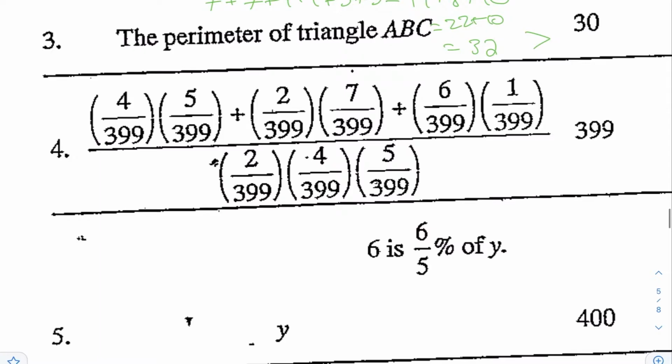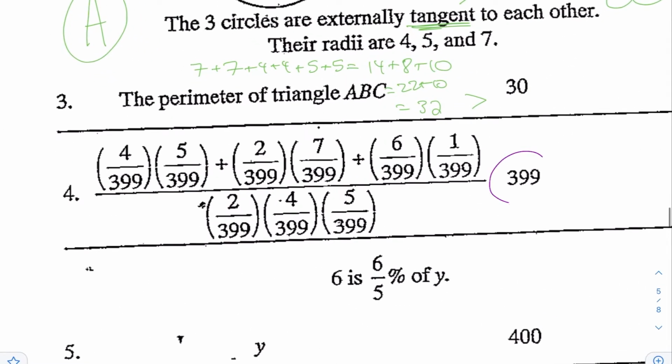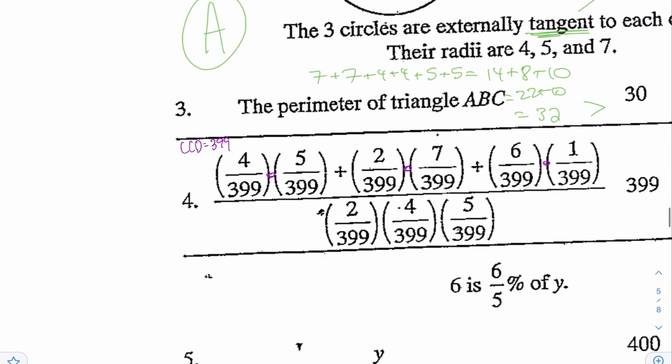Next, for number 4, you have to solve this really big expression in column A versus 399 in column B. So on the left side, you see that all the denominators are the same. So you see that the LCD is 399. So you just multiply the numerators, and then you have to square the denominators as well.